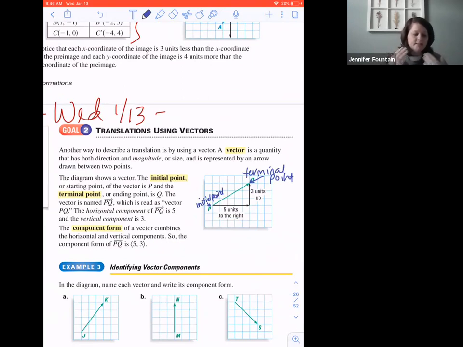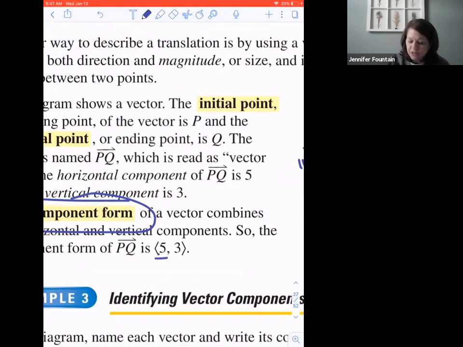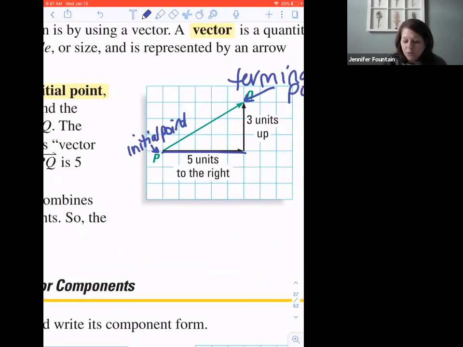When it's talking about the component form of the vector, and I'll flip back to notes in a minute so we can fill that in, basically it's saying how many places to the right or left do I need to move, and how many places up or down do I go to make a triangle with my vector. So remember, since x tells me side to side and y tells me up or down, I'm going to start with my side to side movement.